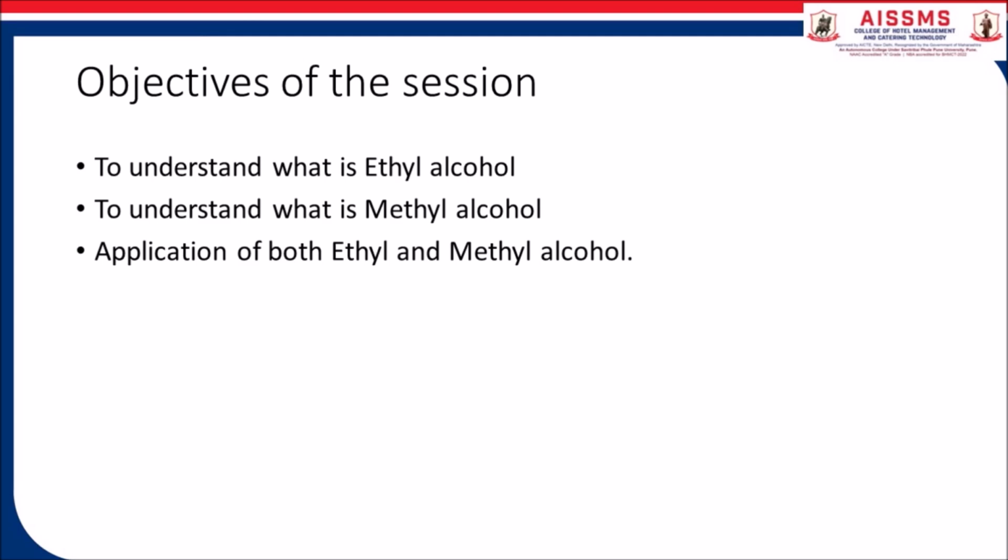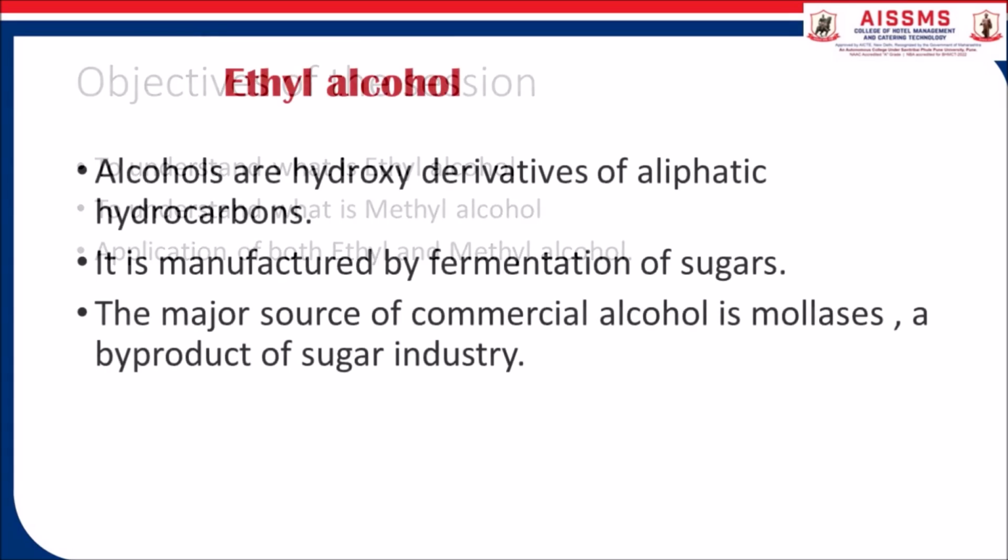The objectives of today's session are to understand what is ethyl alcohol, the second objective is to understand what is methyl alcohol, and the next objective is based on the applications of ethyl as well as methyl alcohol.